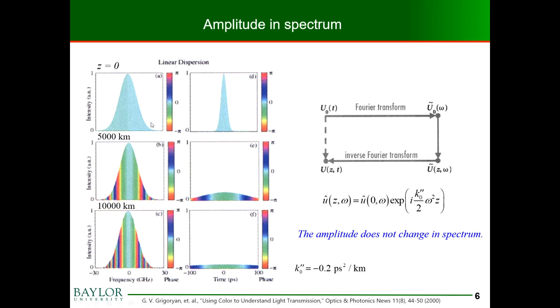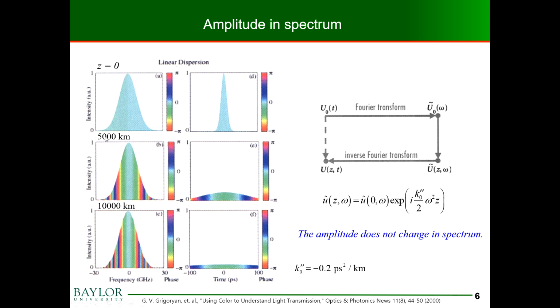This will be our delta nu, the bandwidth in the frequency domain, and this will be our delta t. That's what we did in the homework, calculating the product of the pulse width in the time domain and the pulse width in the frequency domain. It should be 0.44, so these two should lead to 0.44.